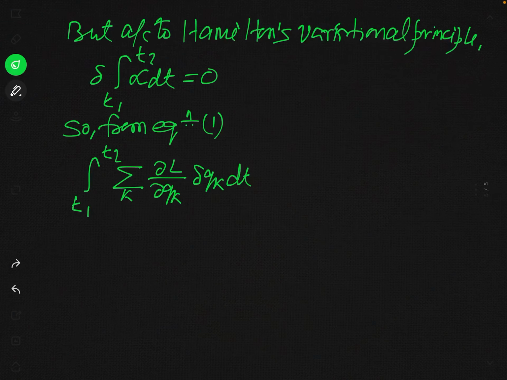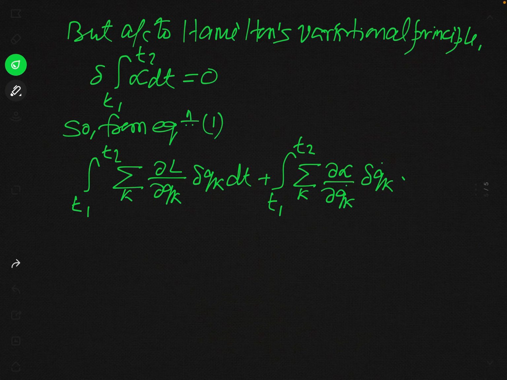So dt, and plus integral from t1 to t2 summation over k del L by del qk dot delta qk dot dt, and this will be equal to 0. So we have written actually Hamilton's variational principle in the present context.